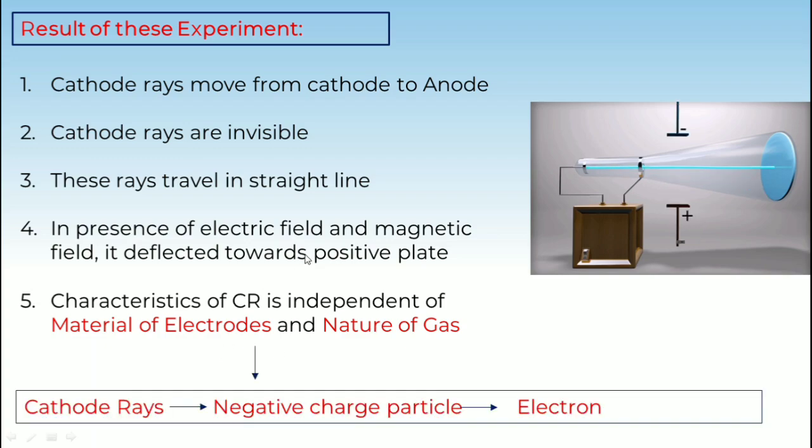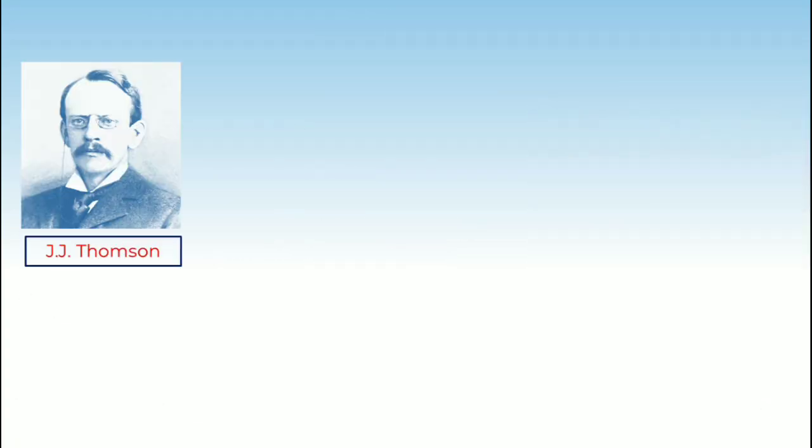As the rays originated from the negative terminal, the electrode, they are called negatively charged particles, and then they named it the electron. These are some observations they made. In the presence of an electric or magnetic field, the behavior of cathode rays is similar to that expected from negatively charged particles.